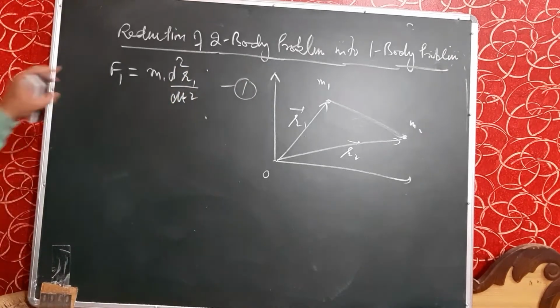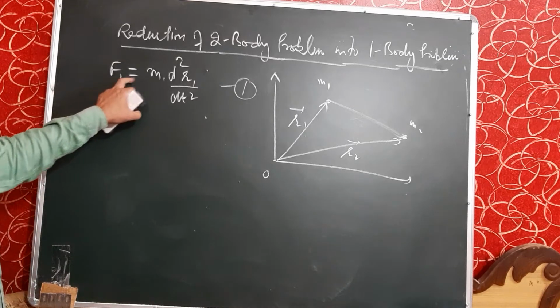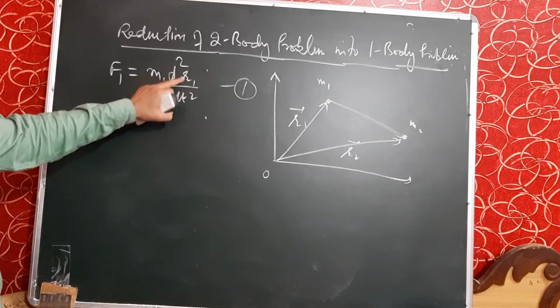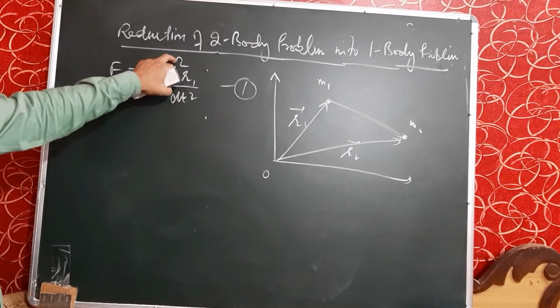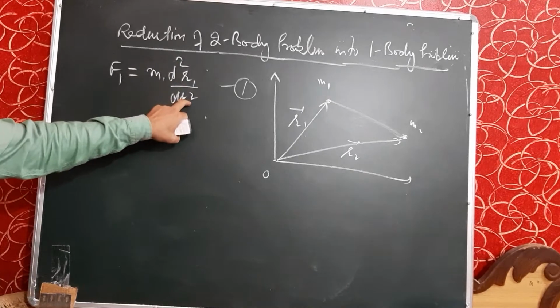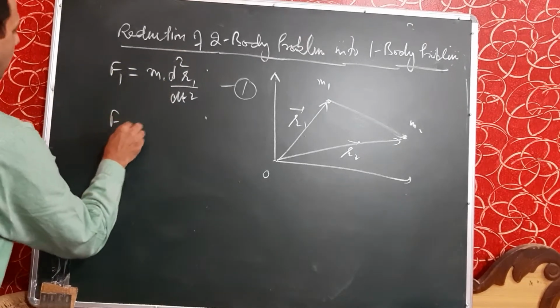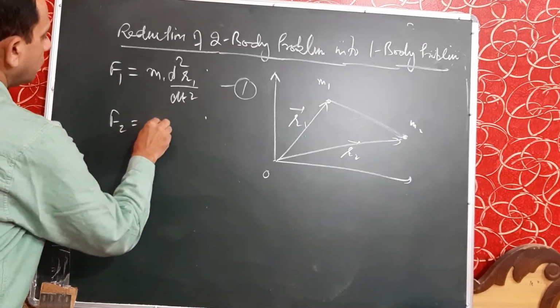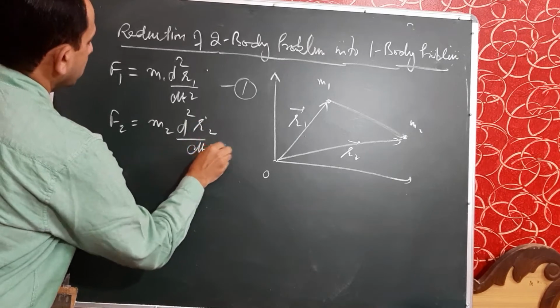F is equal to ma, where acceleration is the double derivative of position with respect to time. Similarly, F2 is m2 into d square r2 upon dt square.